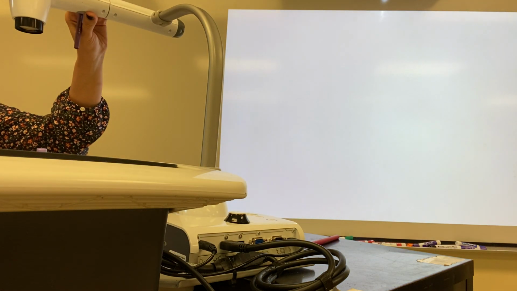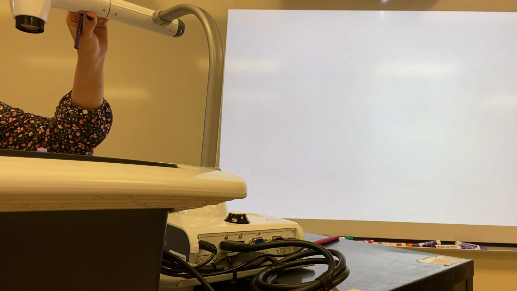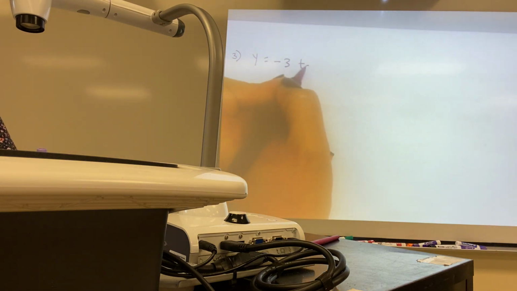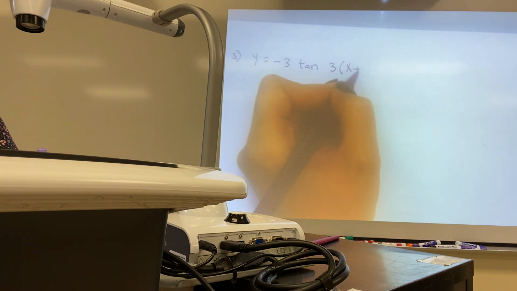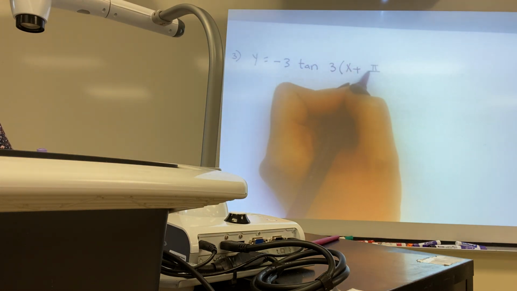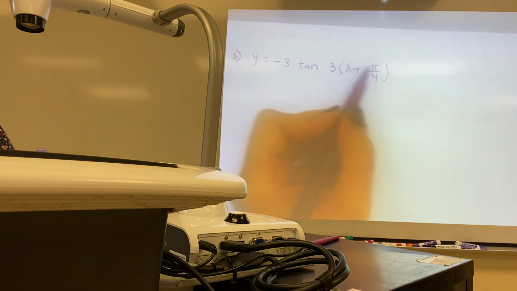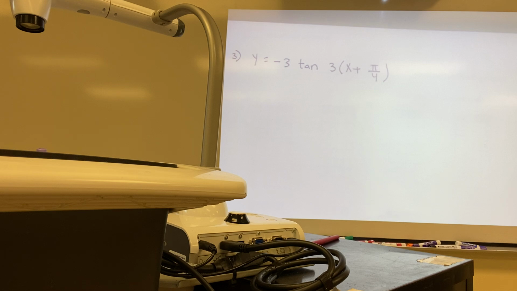This is example 3. We'll do y equals negative 3 tangent of 3x plus pi over 4. Okay, so this time we have a horizontal shift, but we don't have a vertical shift.